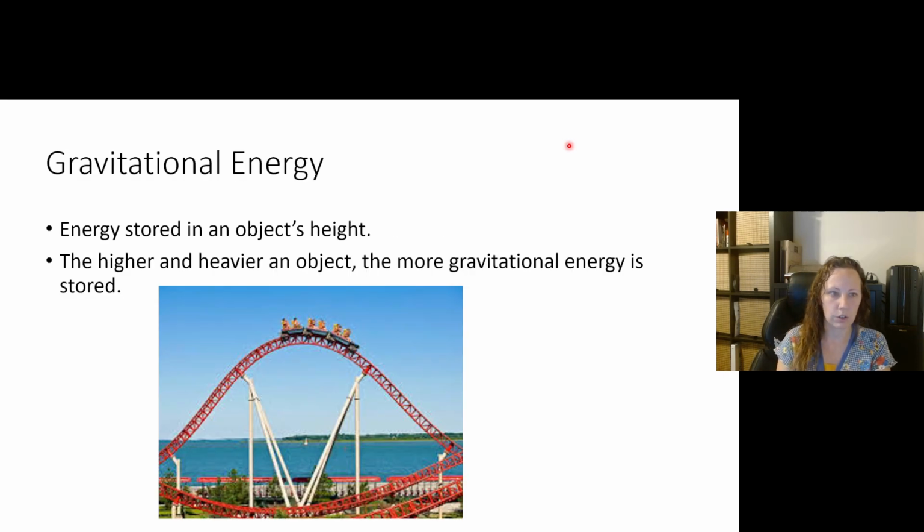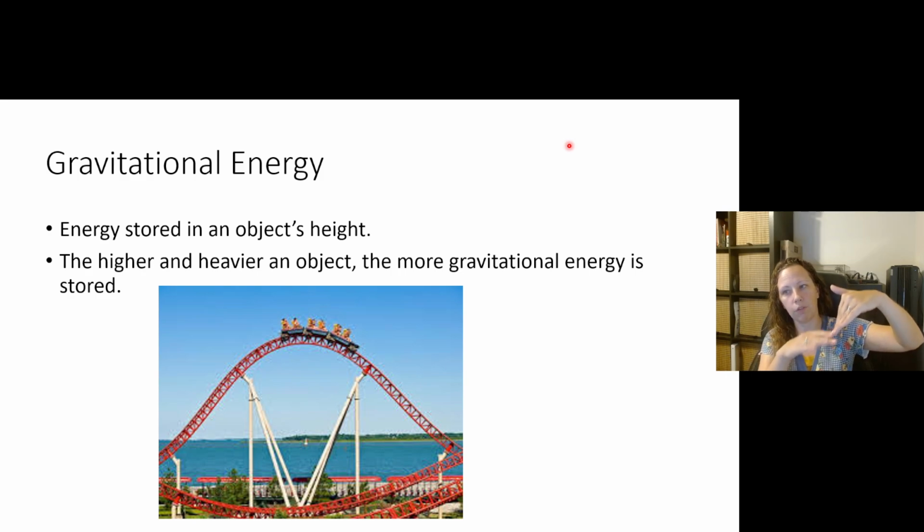For gravitational energy, this is one that is not in the book. It is energy that is stored in an object's height. So the higher and the heavier an object is, so think about the top of a roller coaster, the more gravitational energy is stored. Thinking about the simulation I showed you, when that cat was close to the bottom of that ramp versus up high, then there was less potential energy, right?